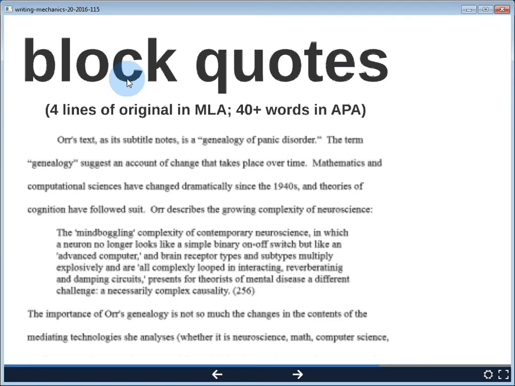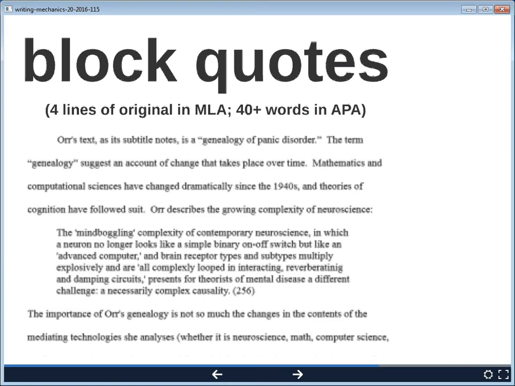Block quotations come up fairly regularly, although in papers as short as the ones you are working on, I would expect to see no block quotes, or at least very few. So block quotes are used in MLA if you are quoting from the original more than 4 lines in sequence.